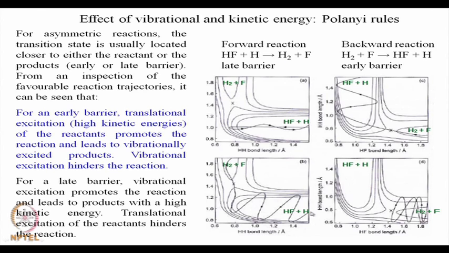Vibrational excitation will ultimately help in crossing this barrier, and then it will move to the product side. But since it is vibrationally excited, the excess energy will be transferred to the product in the form of kinetic energy.